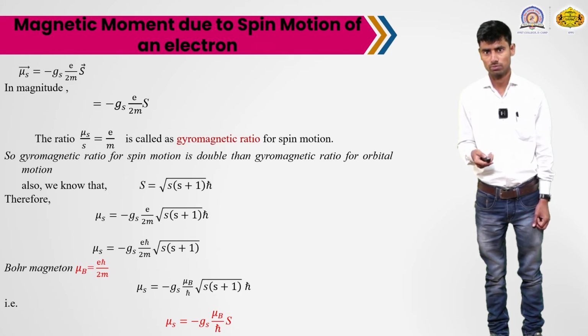Also we know from the quantum theory that the spin angular momentum magnitude of the electron is given by square root of s(s+1) ħ. Here small s is the spin quantum number, and for the electron the spin quantum number is 1/2. Small s equals 1/2, and by substituting that value of spin angular momentum I will get μs equals minus gs into eħ by 2m into square root of s(s+1), and we already know that this quantity eħ upon 2m is the Bohr magneton.